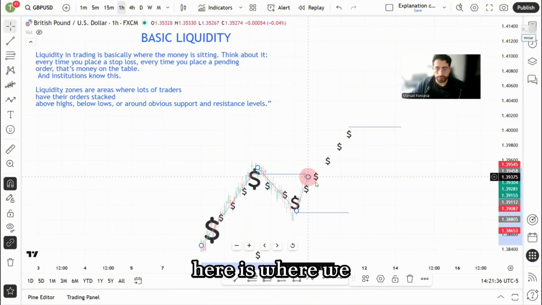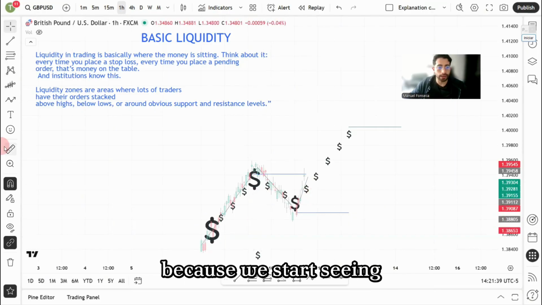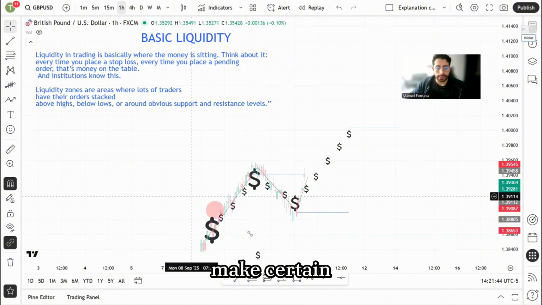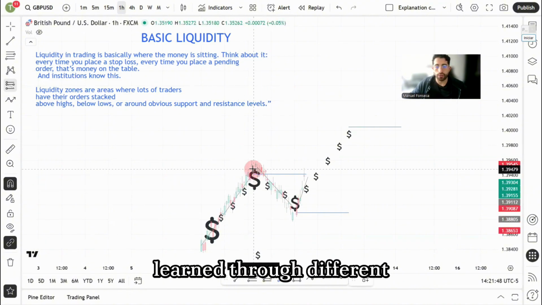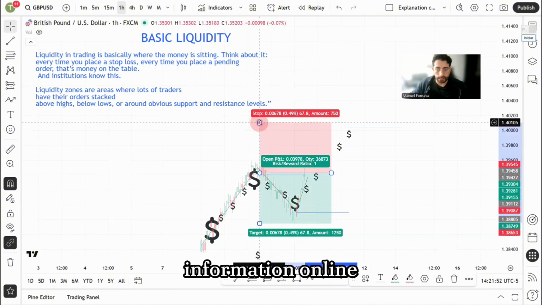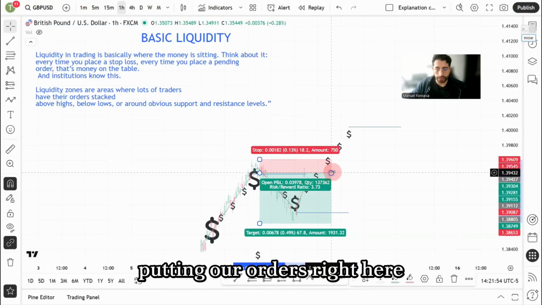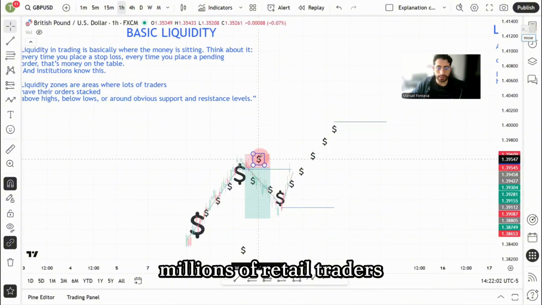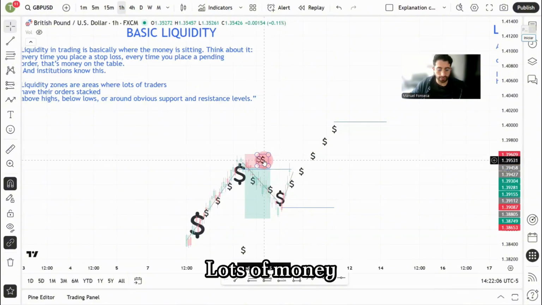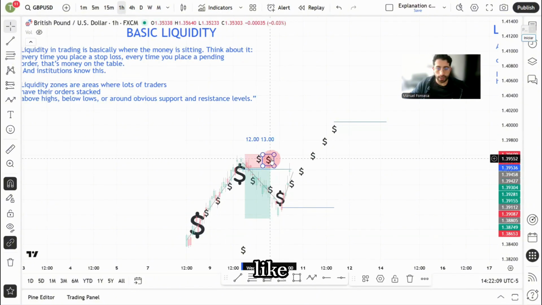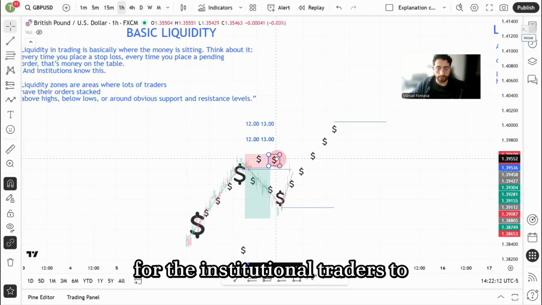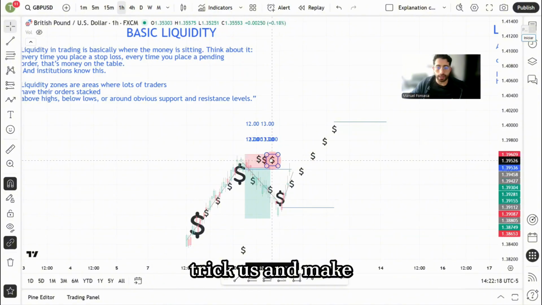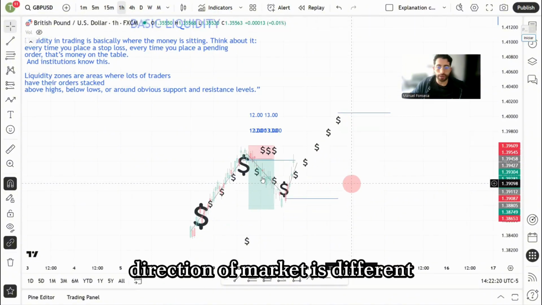Now, here is where we are mostly trapped because we start seeing here that the candles make certain patterns that we have learned through different information online, and we start putting our orders right here. So what happens? It means that millions of retail traders start putting lots of money here, lots of money, and then it becomes a really profitable area for the institutional traders to, let's say, trick us and make us think that the direction of the market is different.